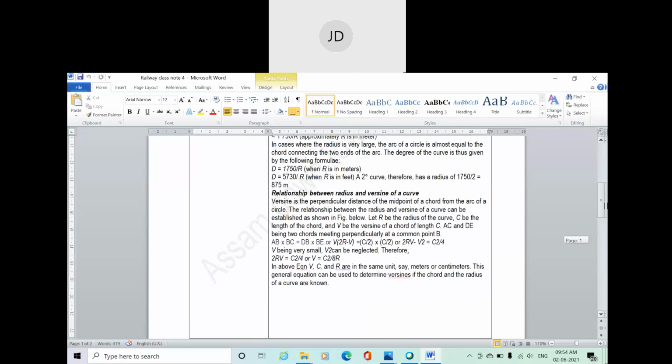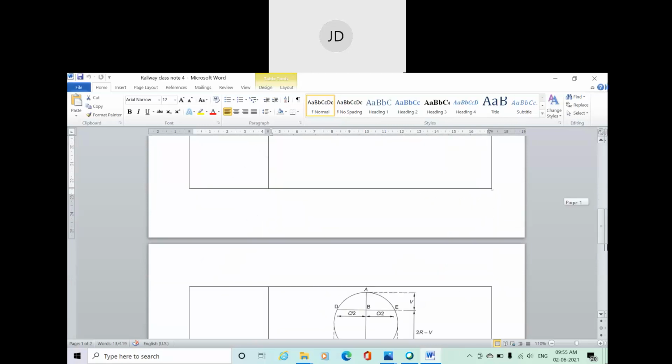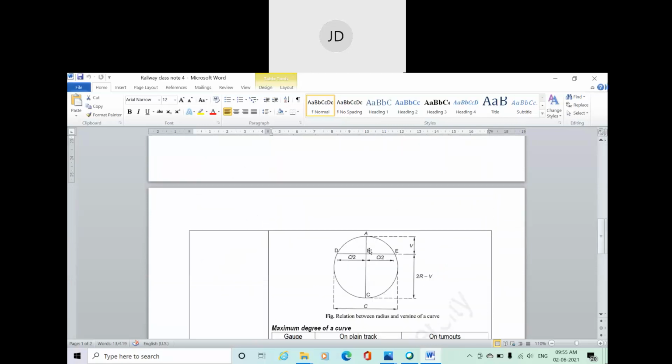Now AC and DE are two chords meeting perpendicularly at a common point B. From the property of circle, you can see from this diagram that AC is a chord and DE is a chord of the same circle, and they are perpendicularly crossing each other. From this property of circle we can say AB multiply BC equals DB multiply BE.